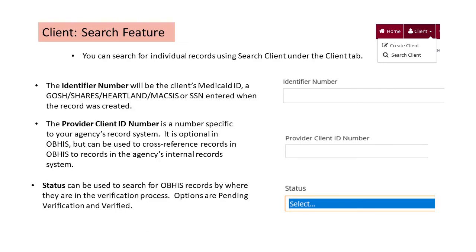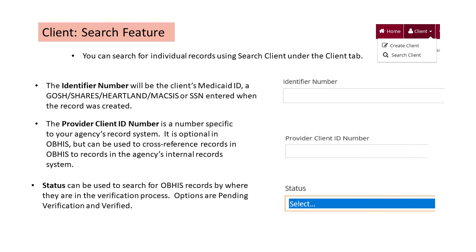It's important to understand client ID numbers. The identifier number would be the Medicaid ID or the GOSH, Shares, Heartland, MCSIS, or Social Security number that was entered when the client record was first created. Although the client's payer source and ID number may change over time, this original ID number entered into OBHIS will remain the same and does not ever need to be changed.